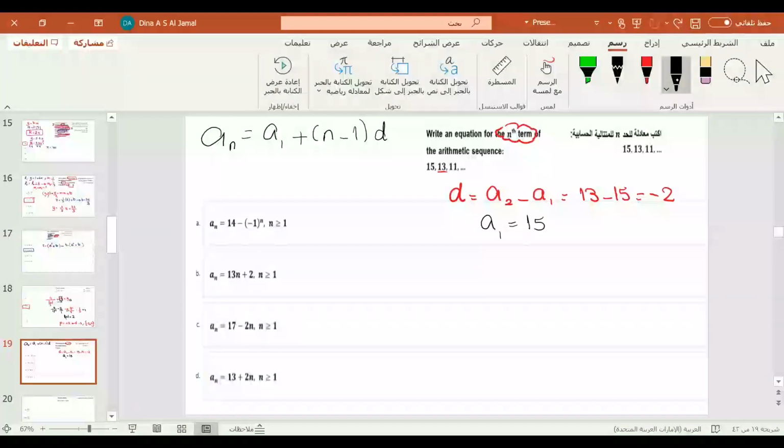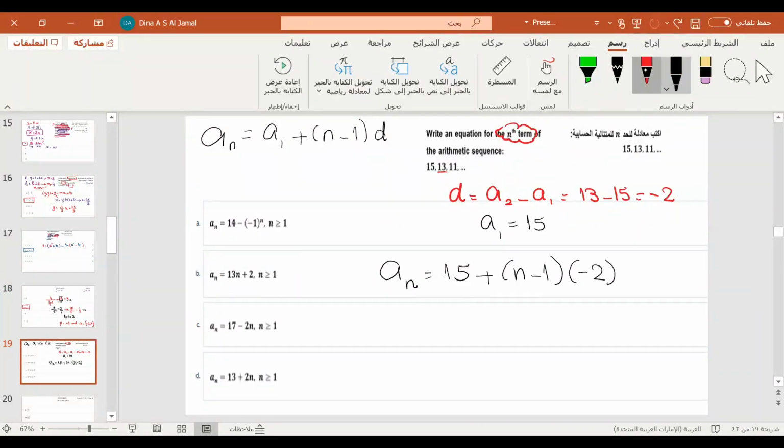Now you will be substituting your an: 15 plus n minus 1, and you will be needing to distribute the minus 2. So an is equal 15 minus 2n plus 2.